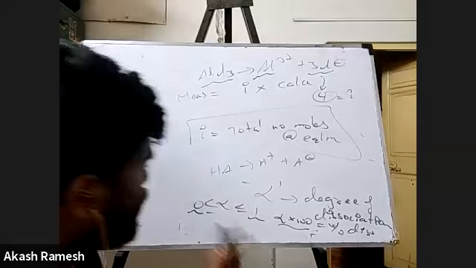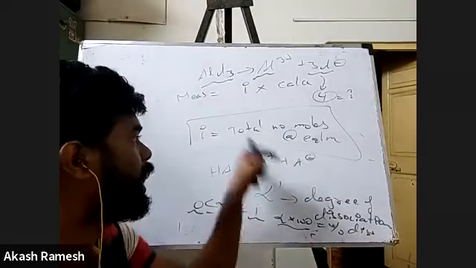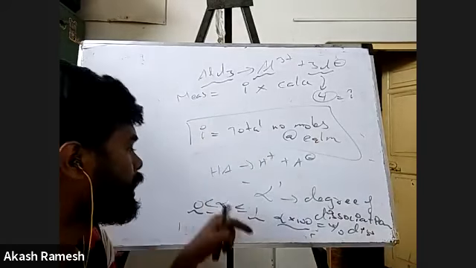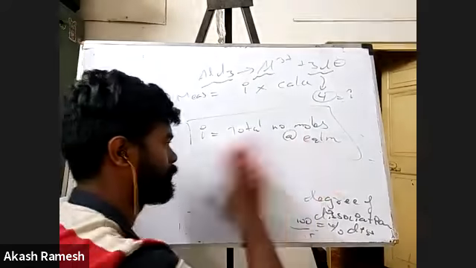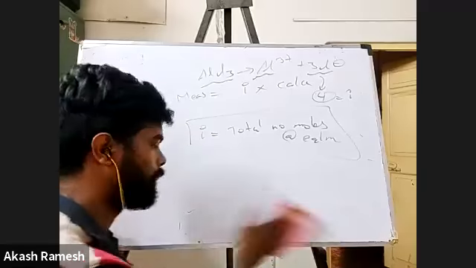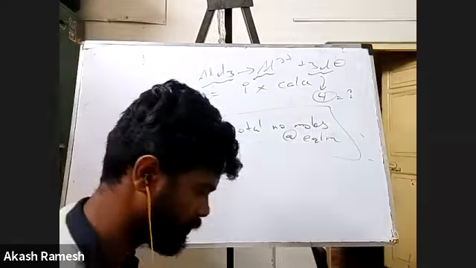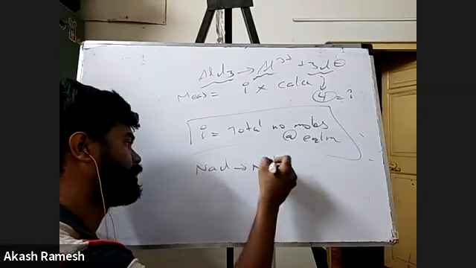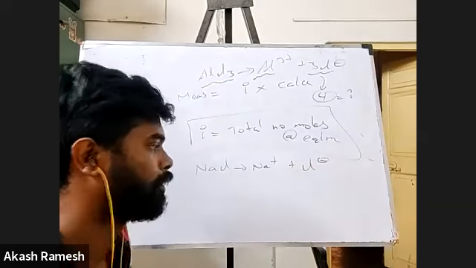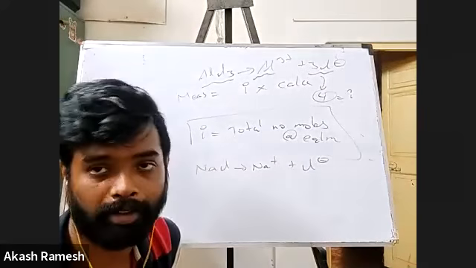So we'll try to understand what this means and how I connect i and alpha. Say I take NaCl. NaCl will form Na+ and Cl-.